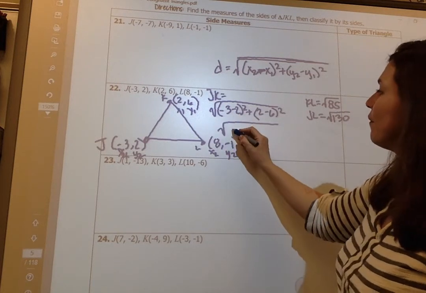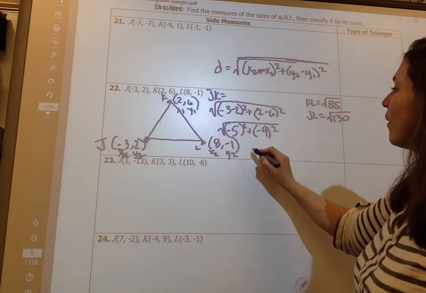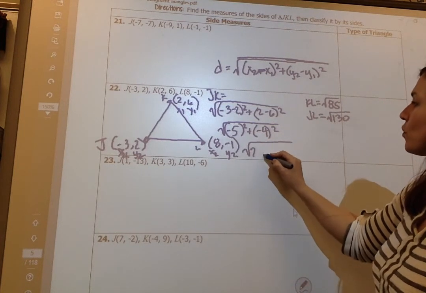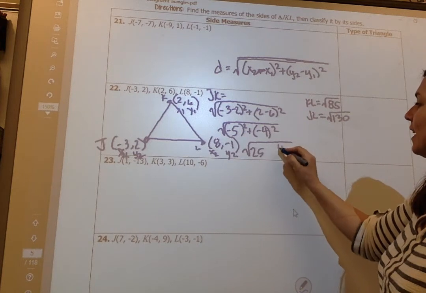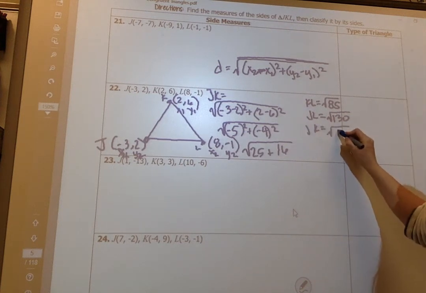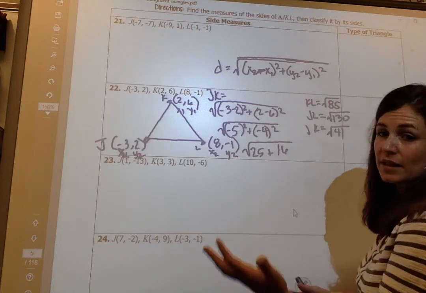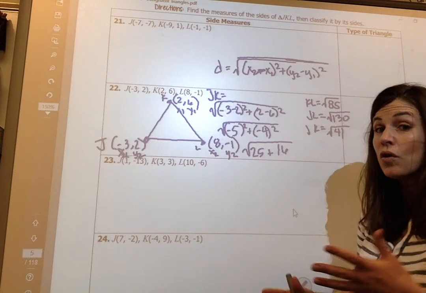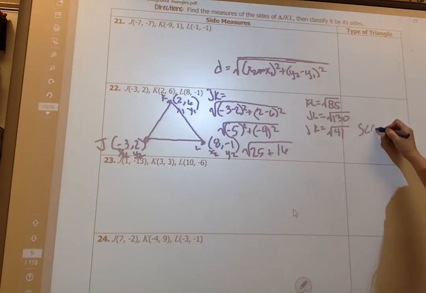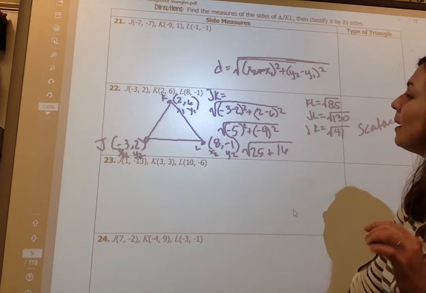And I get -5 squared plus -4 squared. -5 squared is 25. 4 squared is 16. Add them together, and I get square root of 41. So now that I have done all these distances, are any of them the same? No, they're not the same, so I know that this is a scalene triangle. So not a lot of work for one problem, but a little bit of work.